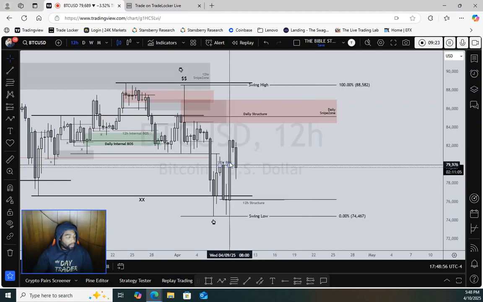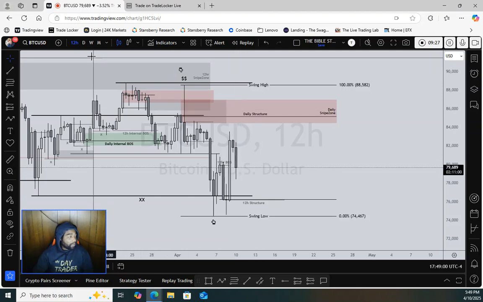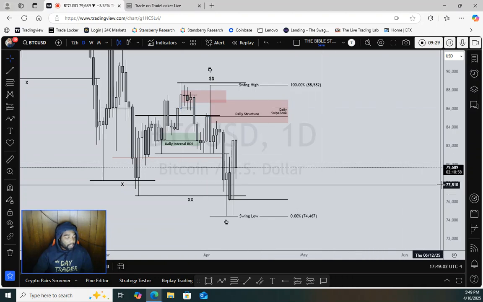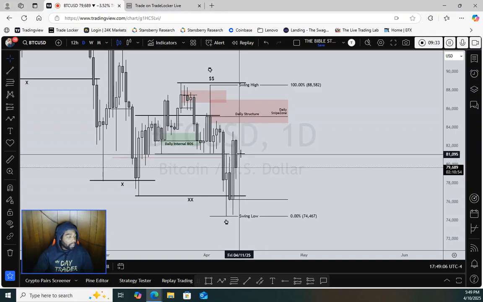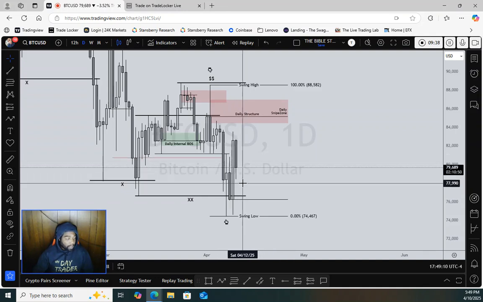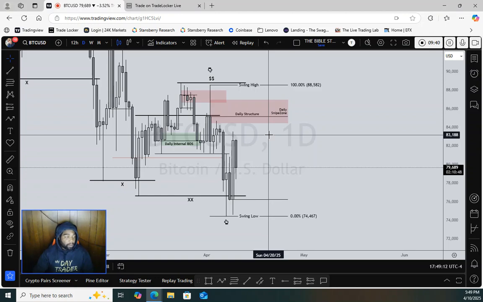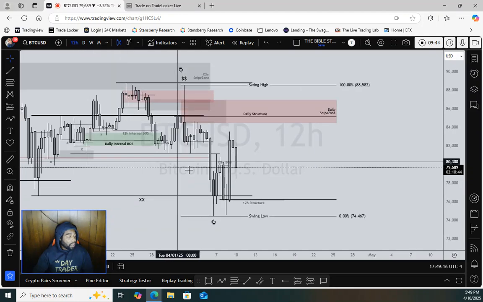Now we are encountering this internal retracement on the 12-hour, which is also at the end of the daily candle. With 2 more hours left, we could be encountering an internal daily retracement, waiting to encounter a continuation out of that.